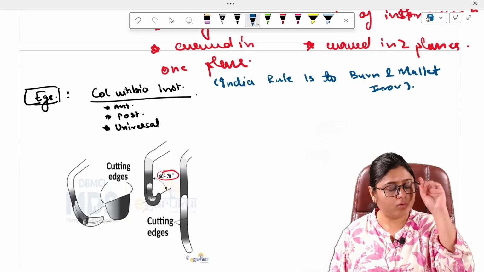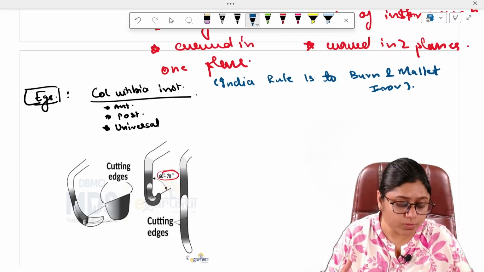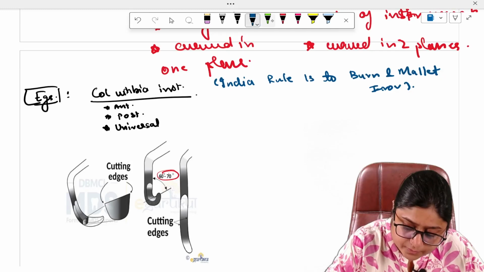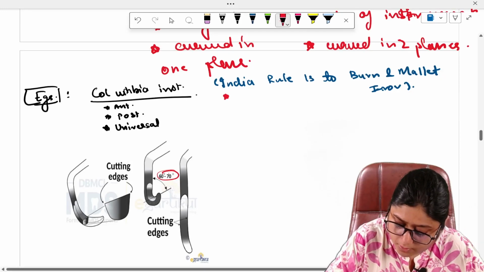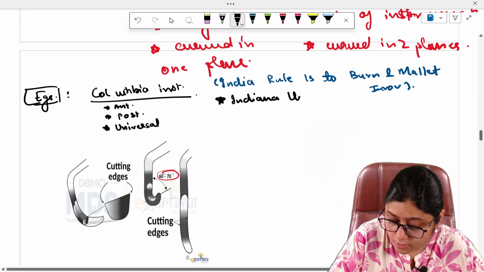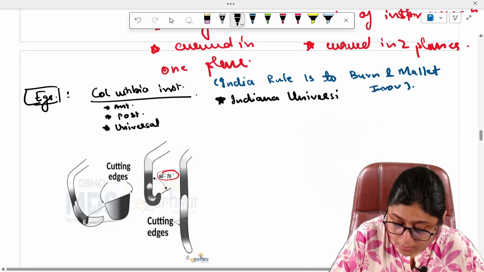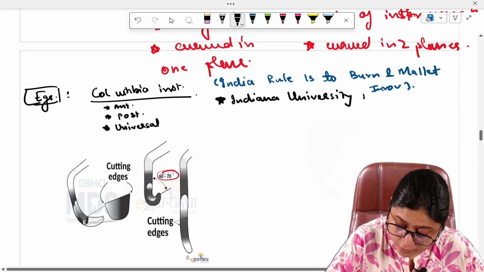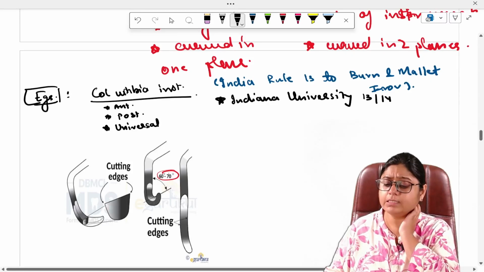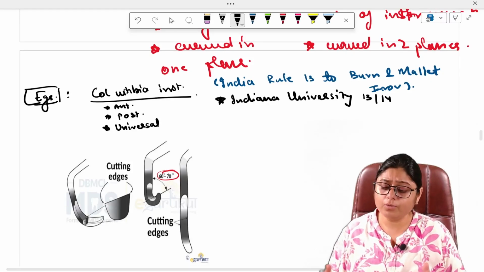See, the Columbia word you remember. The other instruments which you need to remember are Indiana University, 13 and 14. Basically, if you remember the numbers, it is good. If you don't remember the numbers, it is fine.